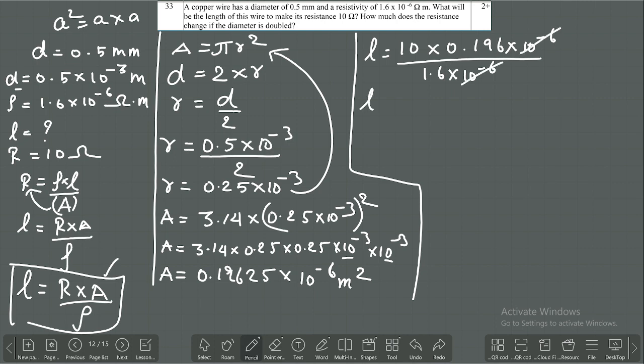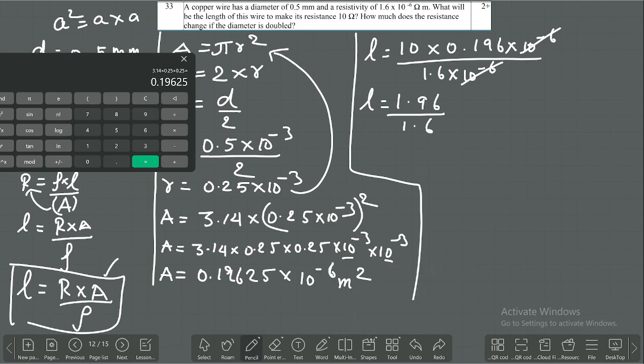So L is equal to 10 into 0.196, which becomes 1.96 by 1.6. Now divide these two numbers. 1.96 divided by 1.6, so L is equal to 1.225 meter. We can write it as L is equal to 1.23 meter.